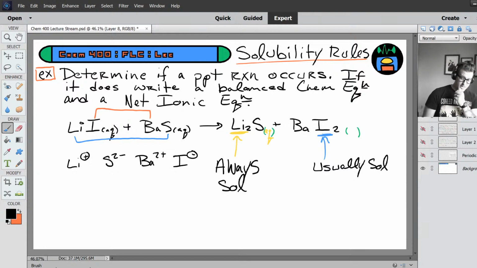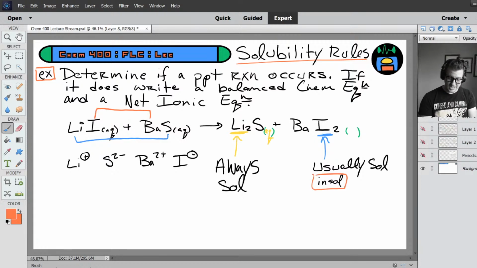So we need to know, when is iodide insoluble? Iodide is insoluble when you pair it with silver 1, mercury 1, which is a polyatomic ion, or lead 2.